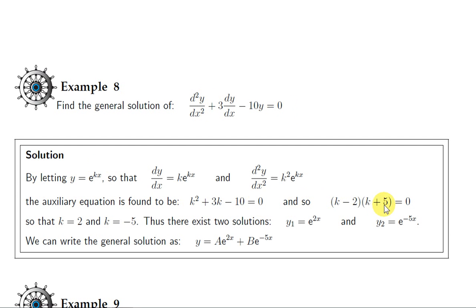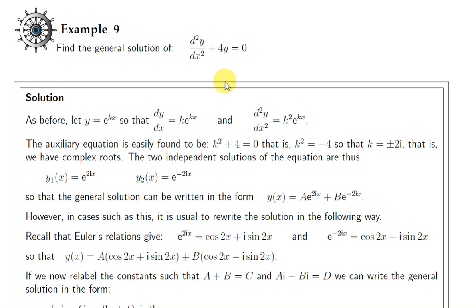So we just solve this quadratic and we get two solutions, 2 and minus 5, two distinct solutions. So b squared minus 4ac is positive for this. Or we can say that b squared is greater than 4ac for this differential equation.